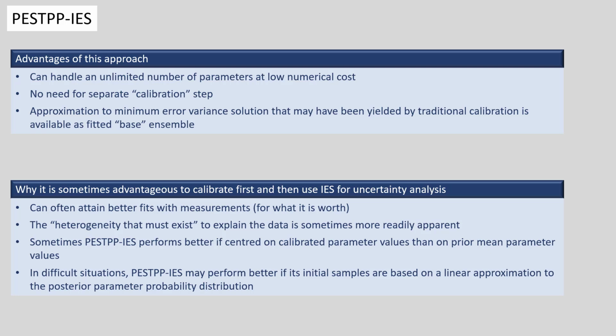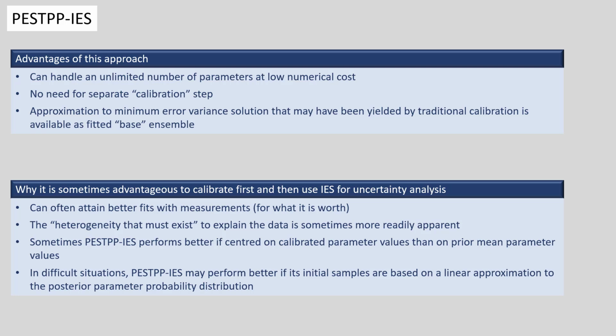Finally, history matching based on a full-rank Jacobian matrix can often provide a more geologically plausible picture of the heterogeneity that must exist than can be obtained in other ways. So these are some of the reasons why you might want to calibrate first and then implement IES, although not all cases require them.